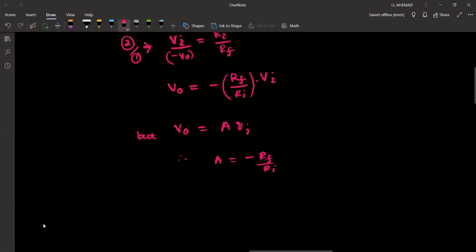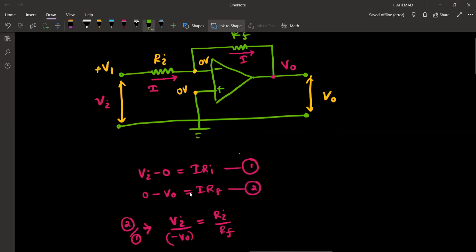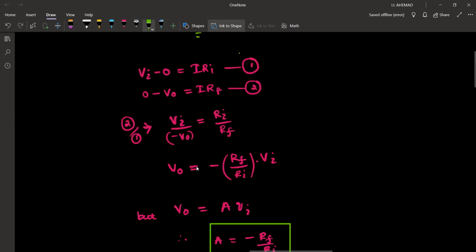Okay. Got it. How we got this equation? If you know how we derive this equation, it will be easy.